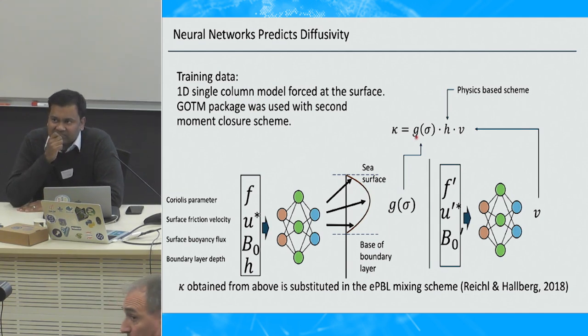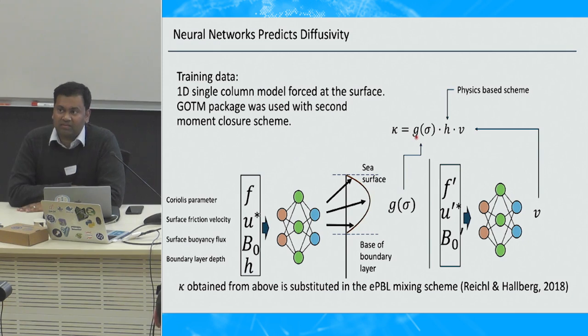I was wondering, what's the size of the training dataset you need? Because you're relying, if I understood well, on the training dataset produced by a second order closure, which are closures, so they have their own biases. For example, you mentioned the non-local terms that are not necessarily present.